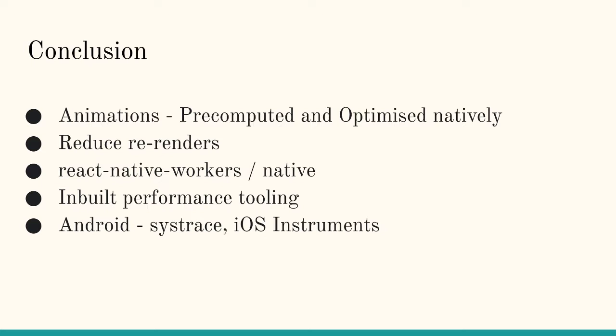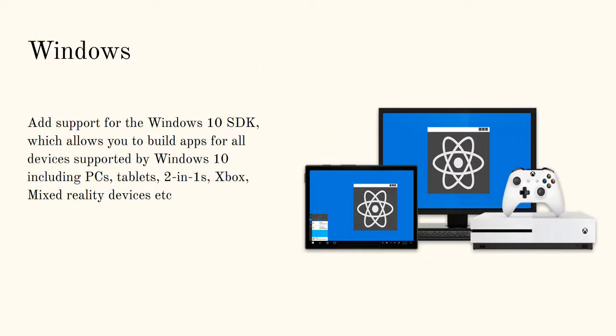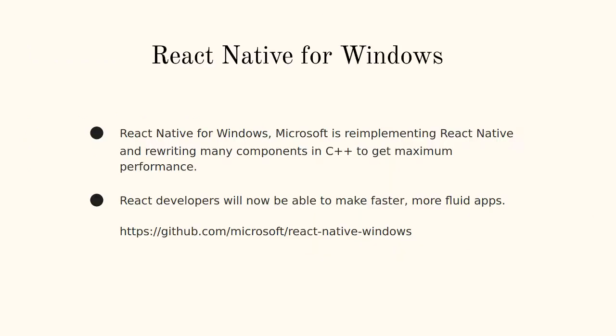Any questions? Yeah, so for Windows, I saw something before: is it that Windows are trying to redevelop React Native to be able to code in C++, or is that what you just said?